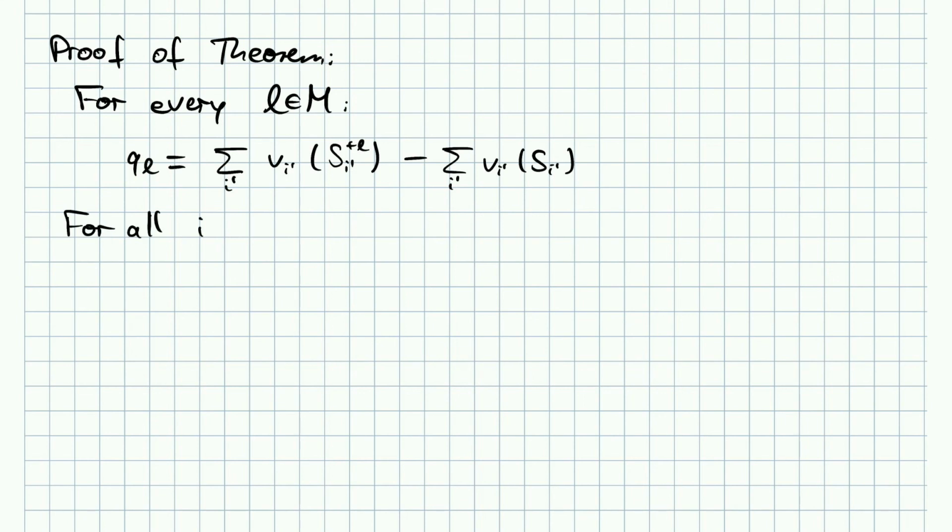For all players, we now have the following: we might add another copy of item L. The social welfare we're getting will be at least the social welfare if we give item L to bidder I, plus the social welfare that we're getting from everybody else, but now bidder I isn't getting anything.